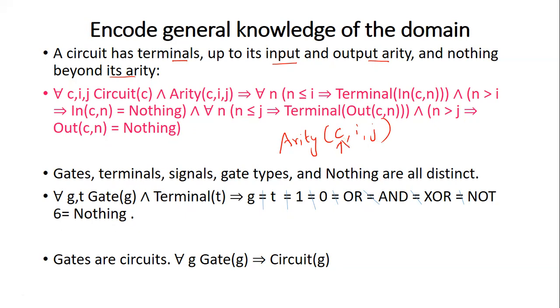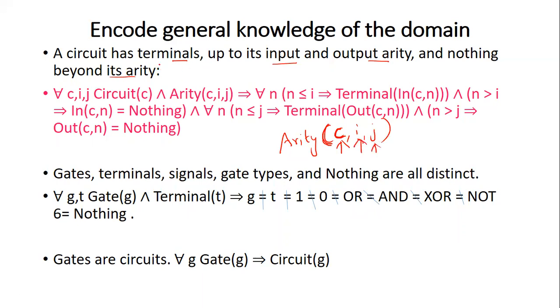Sometimes it may refer to the entire circuit, or it may also refer to a specific gate. So arity of C comma I comma J means C represents some circuit, and this circuit can have a maximum of I inputs and J outputs.